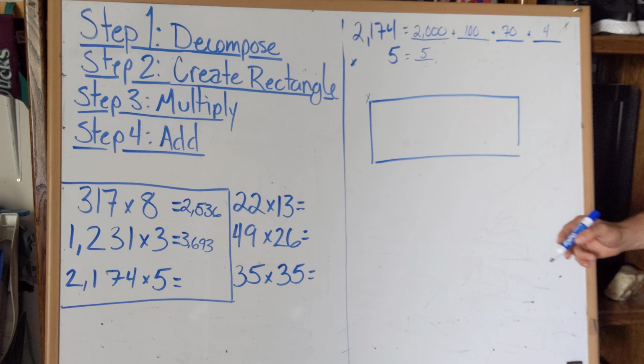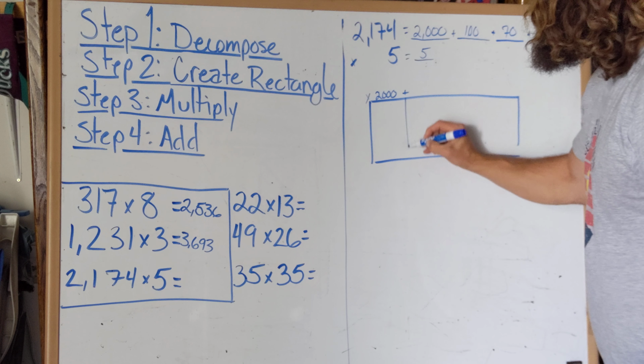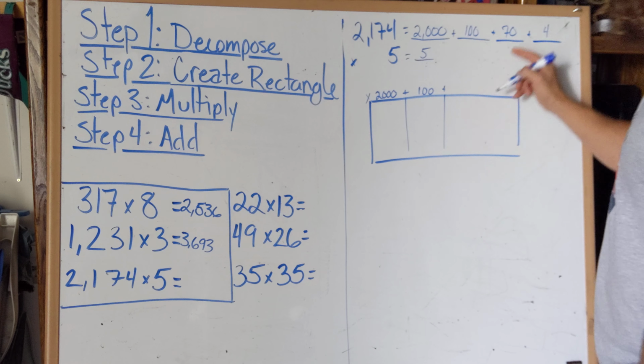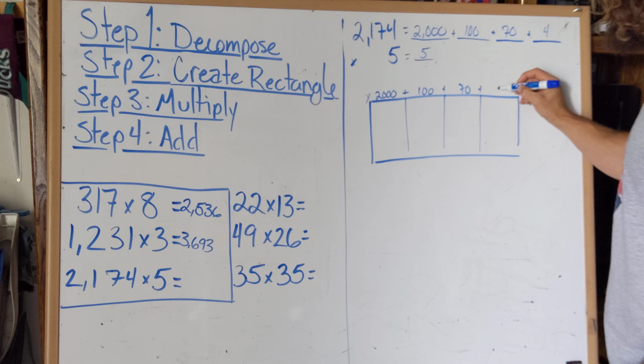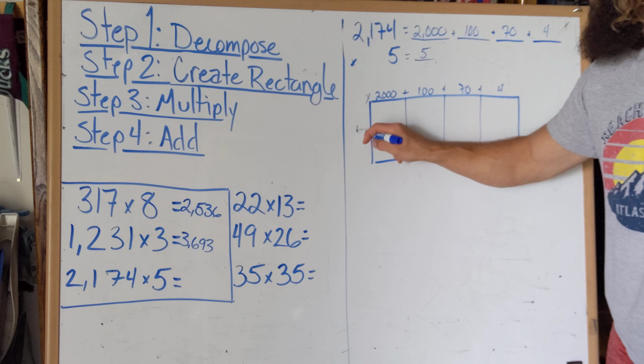Multiplying in the corner, I have 2,000 plus 100 plus 70 plus 4, and then multiplying all that by 5.